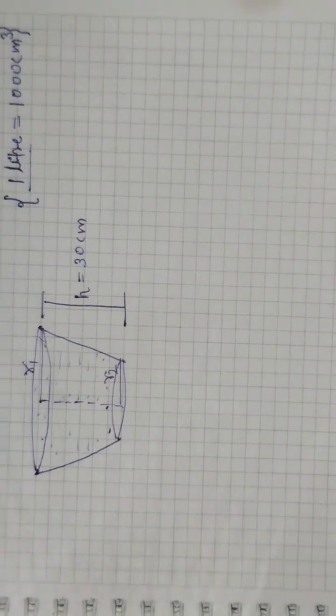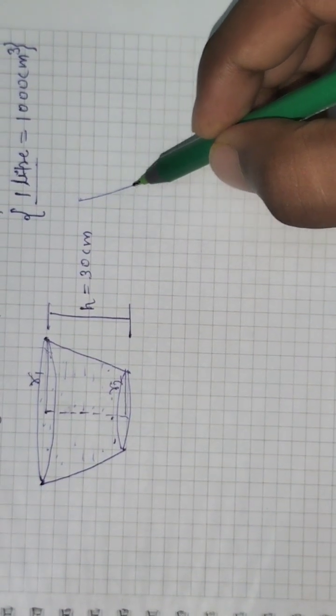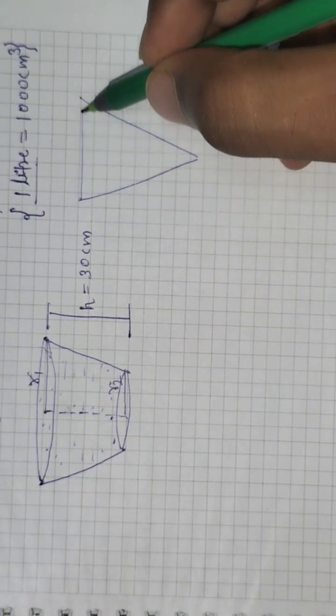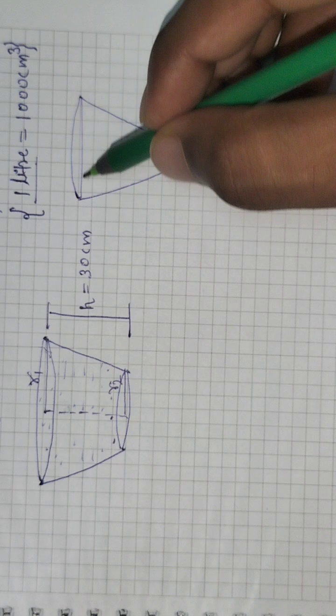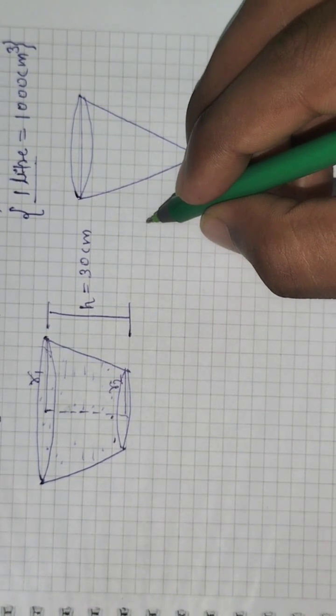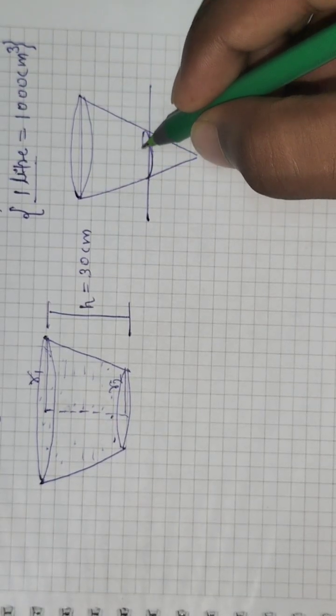Guys, we already know the volume of a cone. If you cut the conical part of a cone from here, it looks like a frustum.